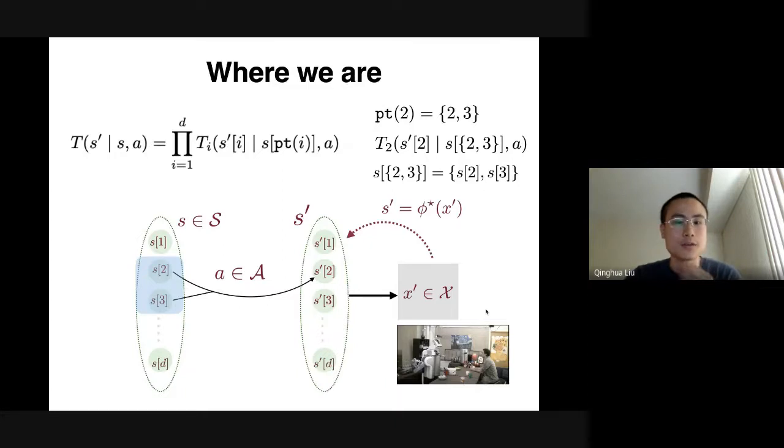So far we have basically made 2 assumptions. First, we assume block structure, and second, we assume each latent factor has a small parent set. But it turns out these 2 assumptions are still not sufficient for sample efficient learning, because the emission function can be arbitrarily complicated.